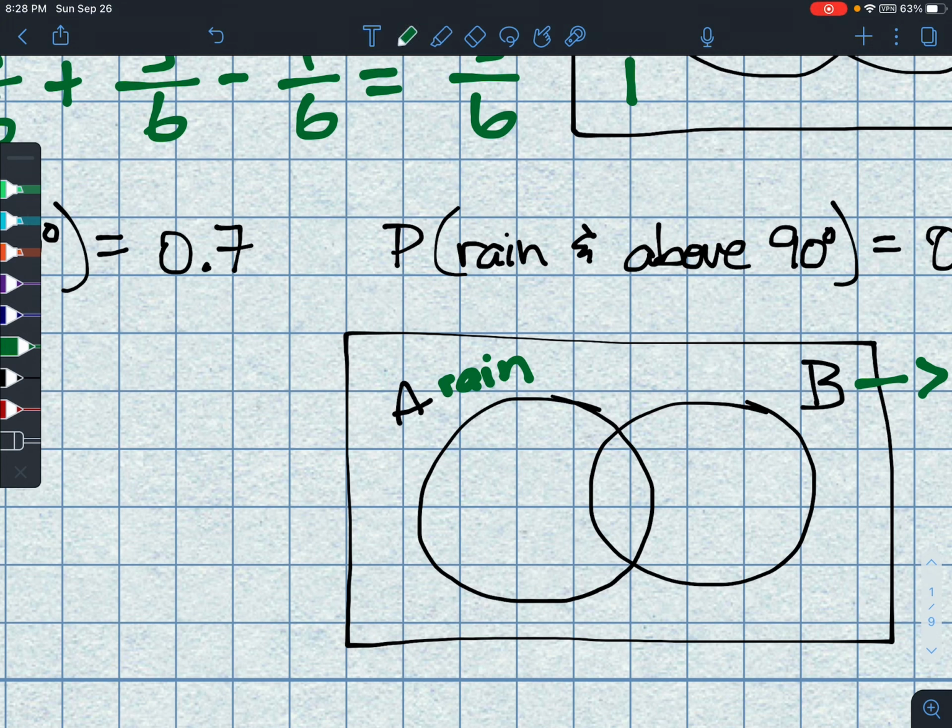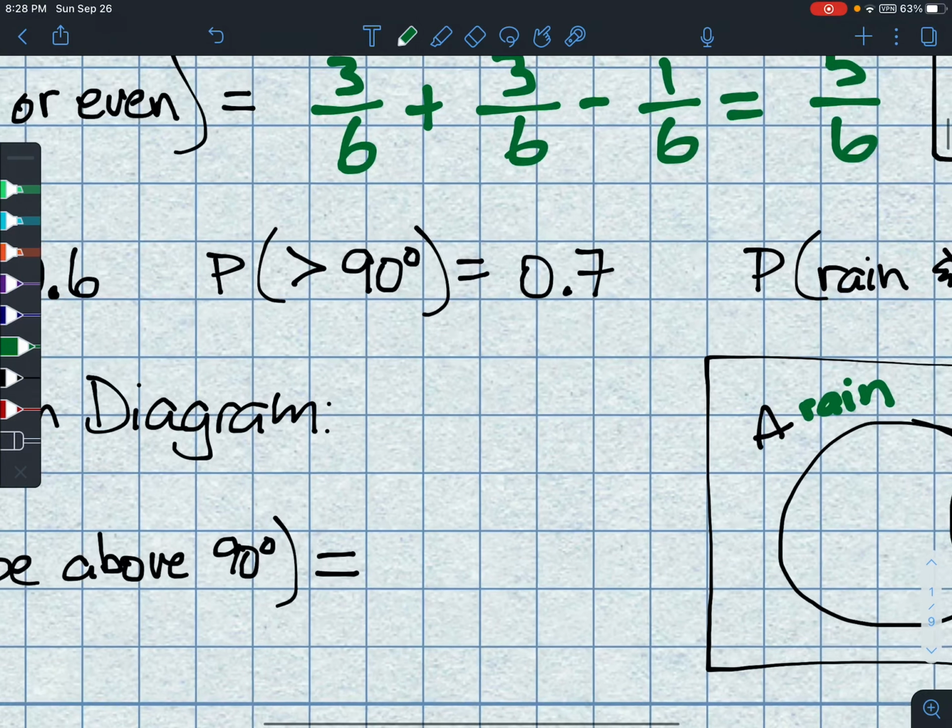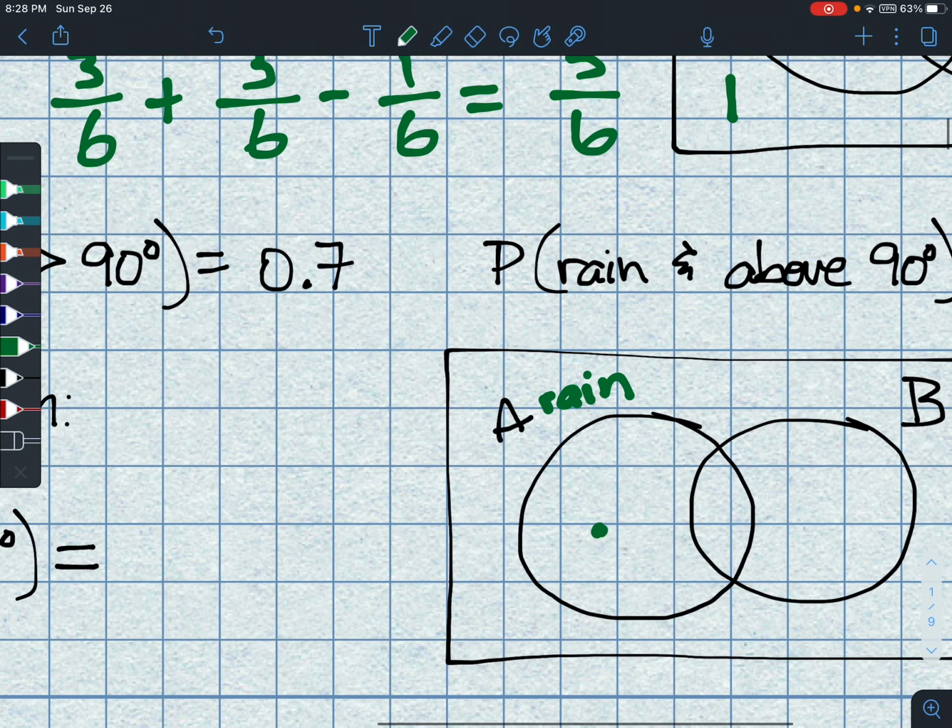So I can't really put 0.7 here because some of that 0.7 might be in that area, right? Rain was not 0.7, 0.6. That's a mistake that a lot of kids make, and that's problematic because they don't know what the overlap is.